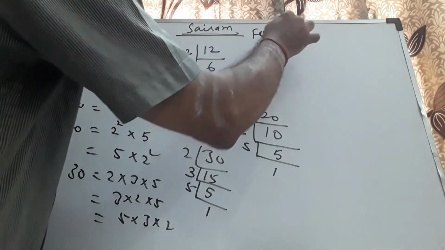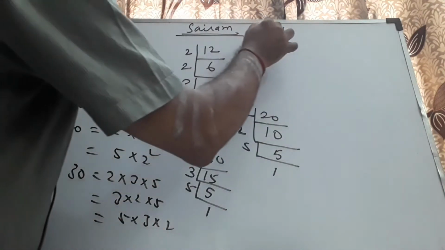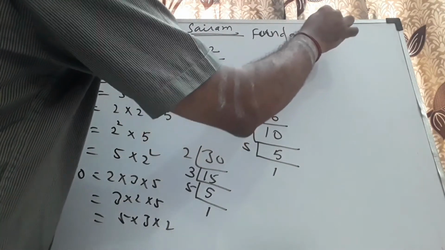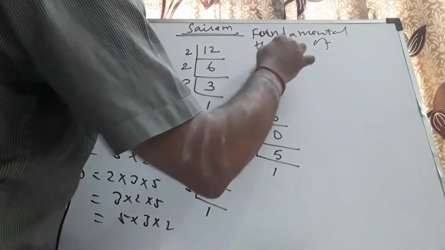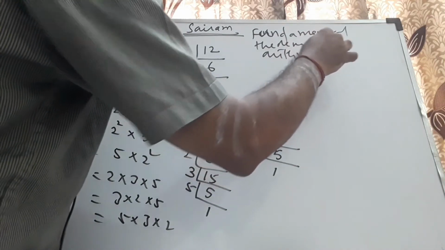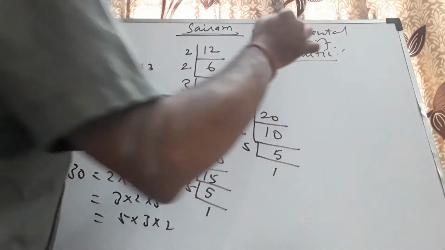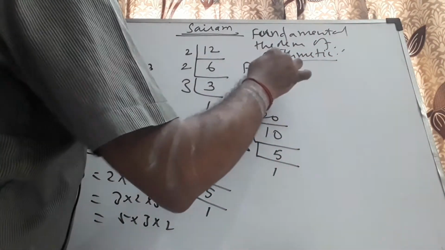Okay, therefore I have one theorem. Because of these examples, I have a generalization known as the fundamental theorem of arithmetic. It goes like this.